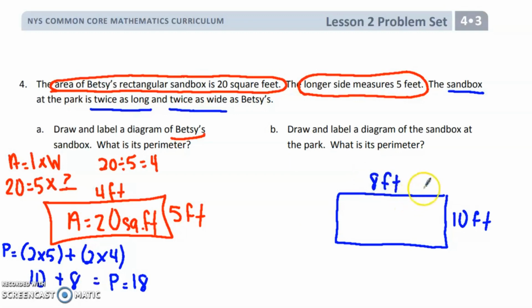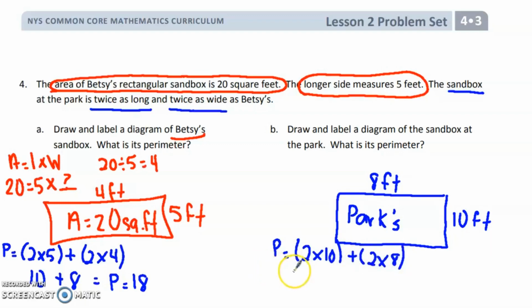Now I have to find the perimeter of the Parks sandbox. This is the Parks sandbox, so I'm going to write the word Parks right here. Let's plug in the formula: P equals 2 times 10 plus 2 times 8.